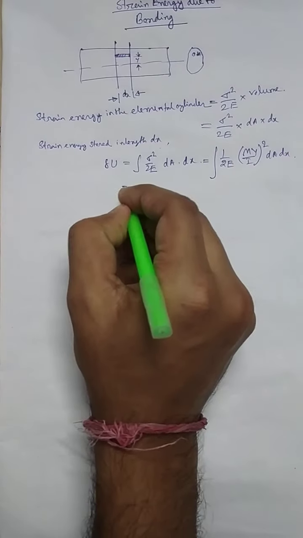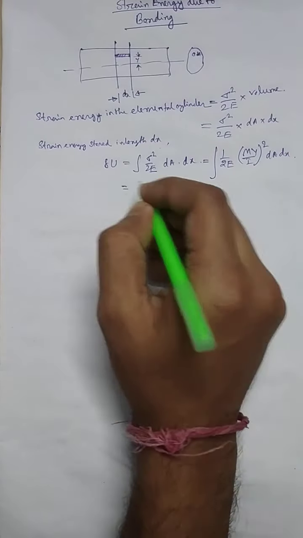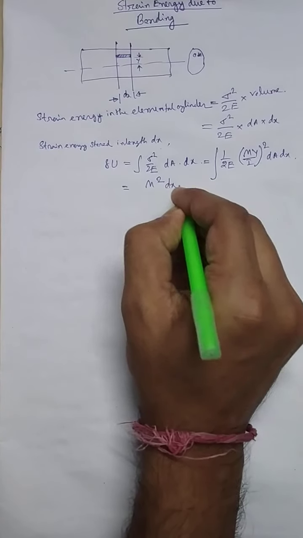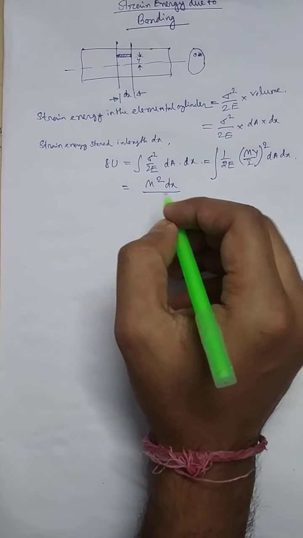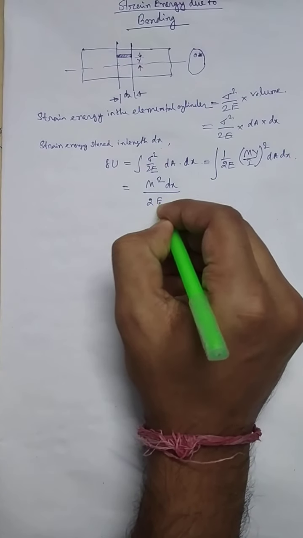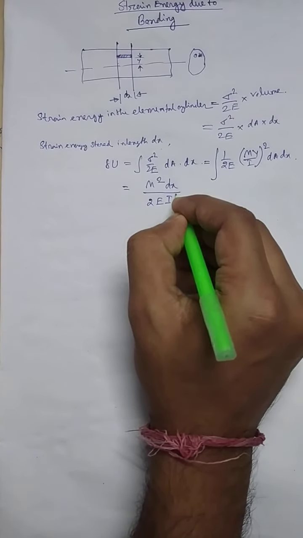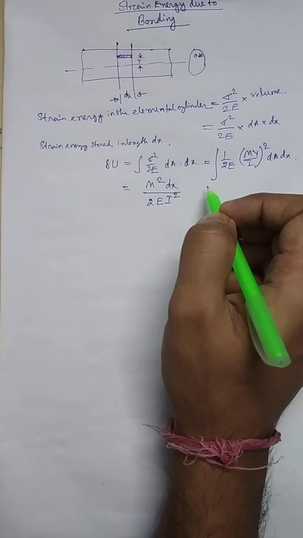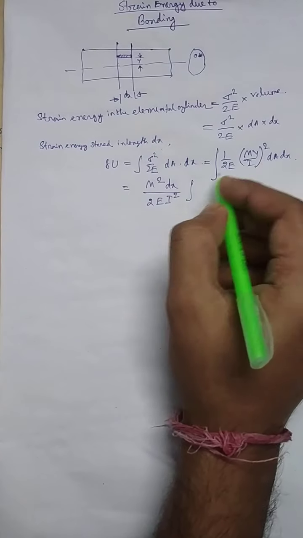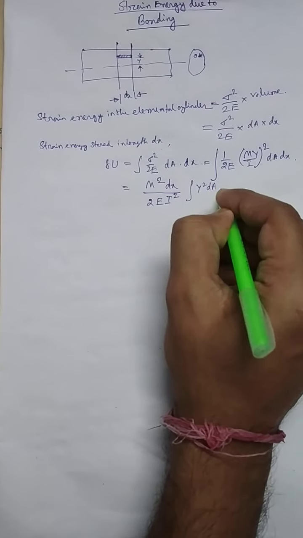Now M we have taken constant, so M square, and dx, the length is fixed, so dx is a constant and comes out, by 2EI square. E is single and I is square here. Now in the integration we have y square dA.